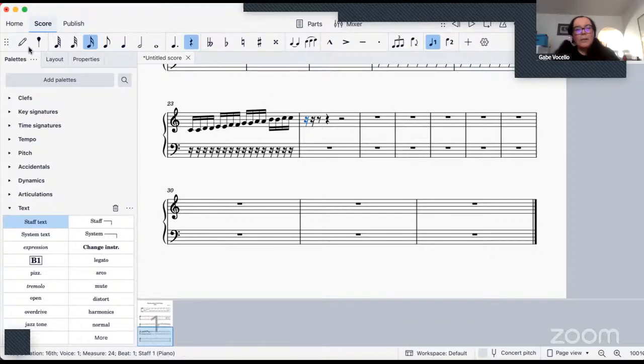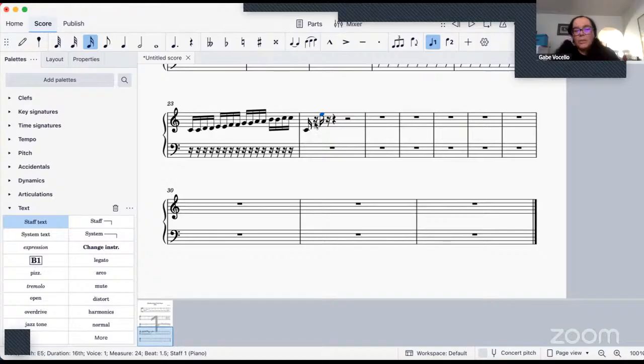Let me add here. So on the pitch note, the stem could be on the right side of the note head or on the left side. So note head, left side, note head, and right side.